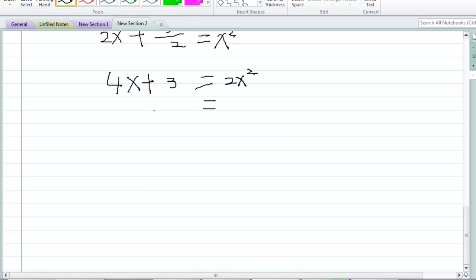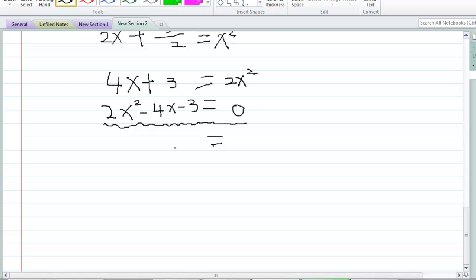Then on the left hand side, we have 2x squared minus 4x minus 3 equals 0. You can think of it as subtracting 4x and 3 from both sides of the equation. Just put everything on one side first.